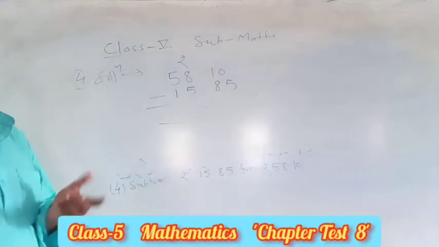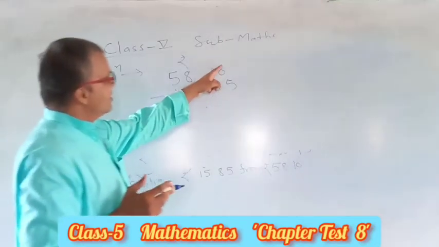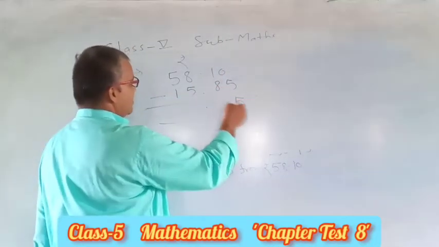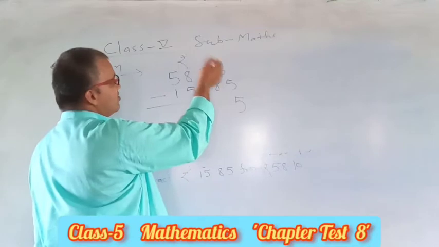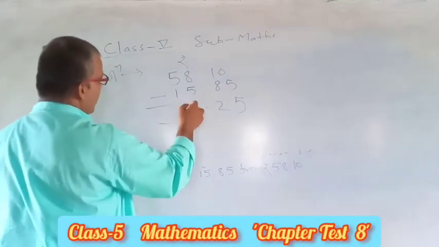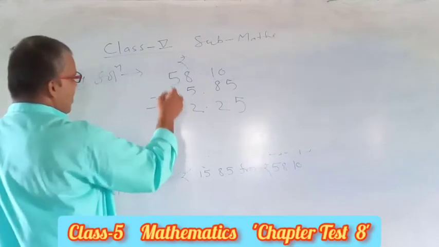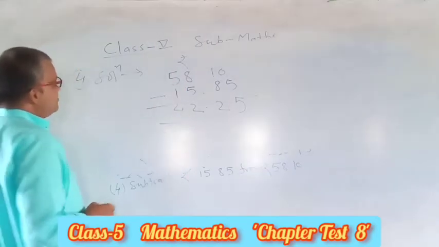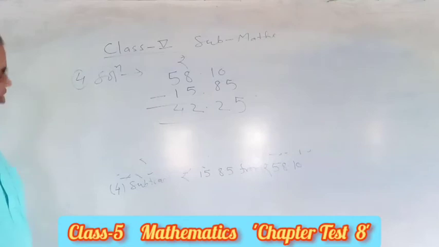Now you know subtraction. 10 minus 5 is 5. Here left 0, borrowed 10, 10 minus 8 is 2. Here left 7, 7 minus 5 is 2. Here 5 minus 1 is 4. This is the answer of the last question.